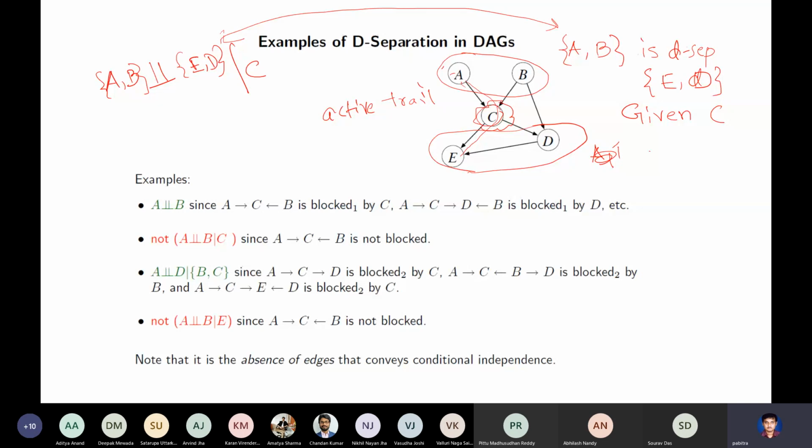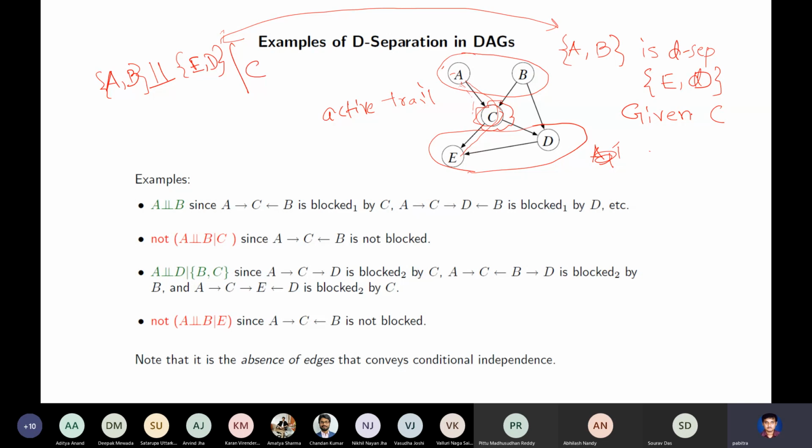For any intermediate node in the trail, if it is not a V structure and it is observed already, then this trail is blocked. So for example, this is not a V structure, and if C is observed, then this trail is blocked.